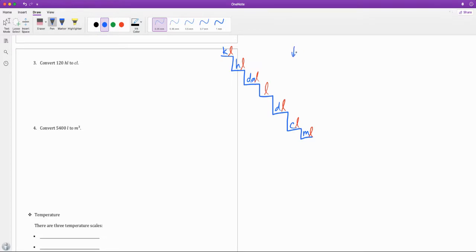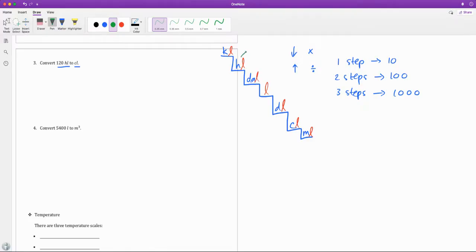Stepping down, we need to multiply. Stepping up, we need to divide. And then one step, it means we need to multiply or divide by 10. 2 steps, multiply or divide by 100. 3 steps, that's 1,000. Hectoliter to centiliter.